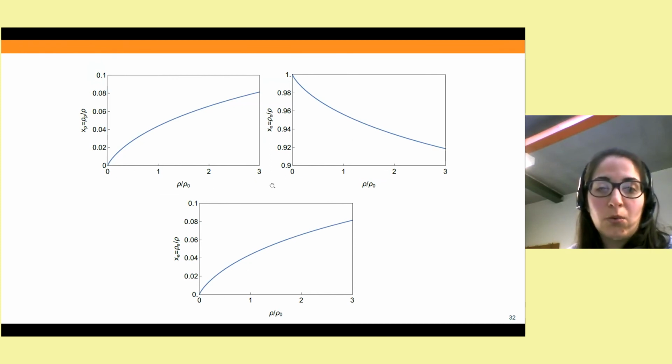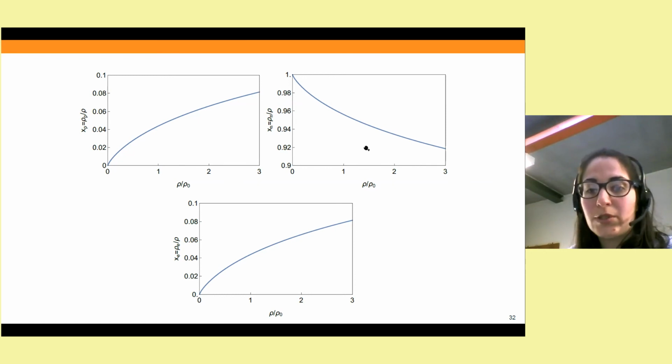Okay, so what do we see? That the fraction of protons is very, very small, and that almost 96% is neutrons. Okay, and we also see that because we have to conserve baryon density, the proton fraction and neutron fraction at every density have to sum to 1.